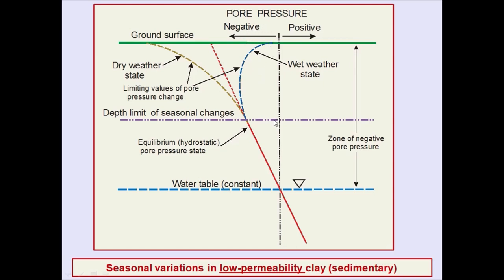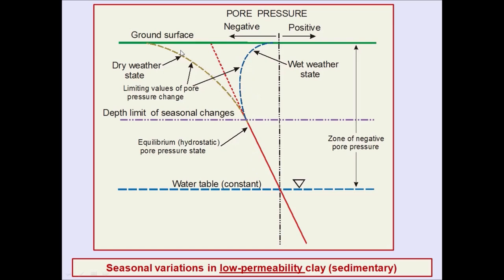In other words, it won't penetrate as far as the water table. My understanding is that in London, seasonal effects don't alter the depth to the water table, simply because the zone of penetration is quite small.